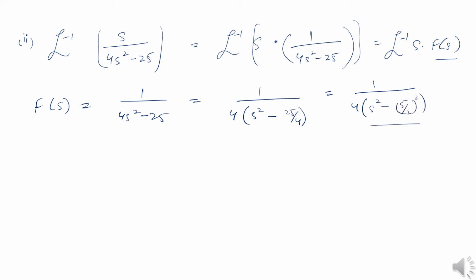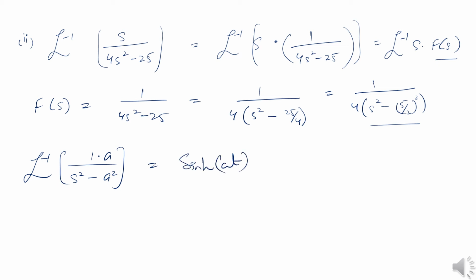Now in the denominator we have s squared minus 5 over 2 squared. From the Laplace inverse transform table we know that a over s squared minus a squared equals sinh at. In this case a is 5 over 2, but in the numerator 5 over 2 is missing, so I will multiply and divide by 5 over 2 and balance the equation.